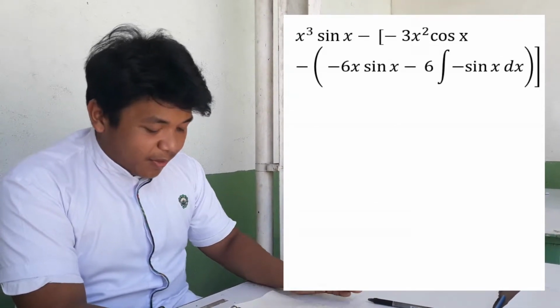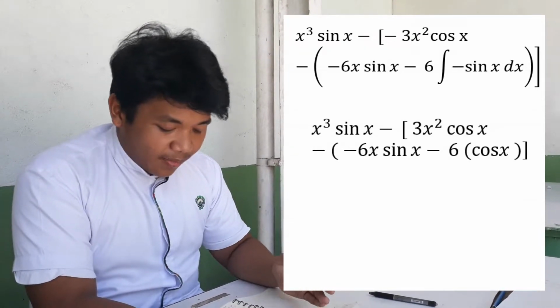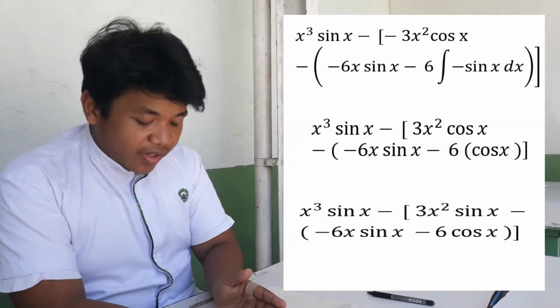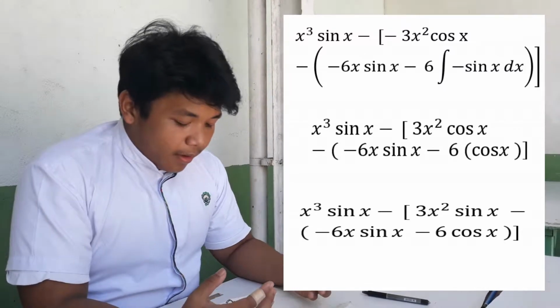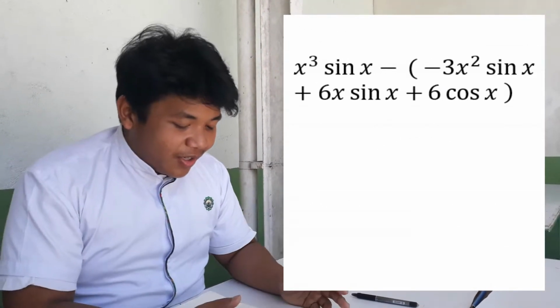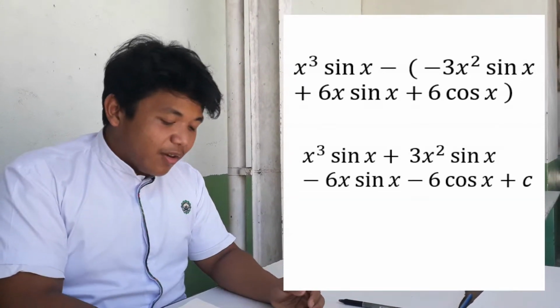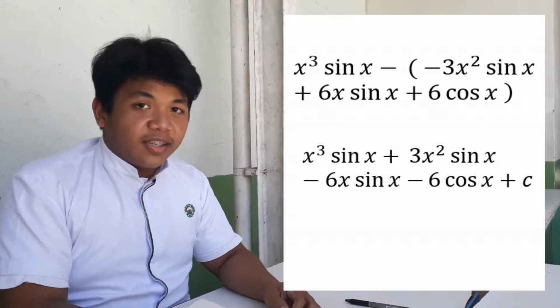So this time the equation is x cubed sine x minus times negative 3x squared cos x minus times negative 6x sine x minus times 6 times negative cos x. So when distributing the signs, we start in the innermost part of the equation. So our final equation will look like this: x cubed sine x plus 3x squared cos x minus 6x sine x minus 6 cos x plus c.